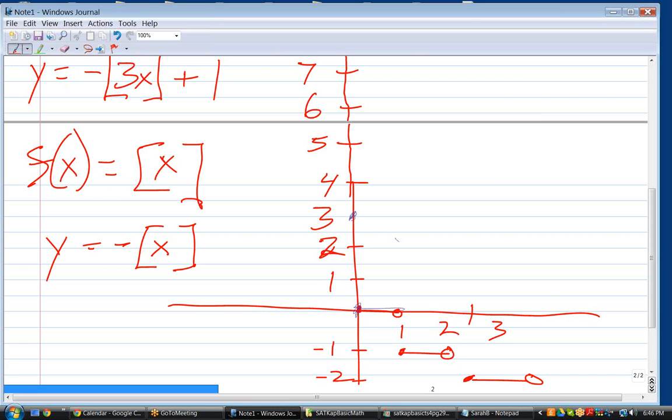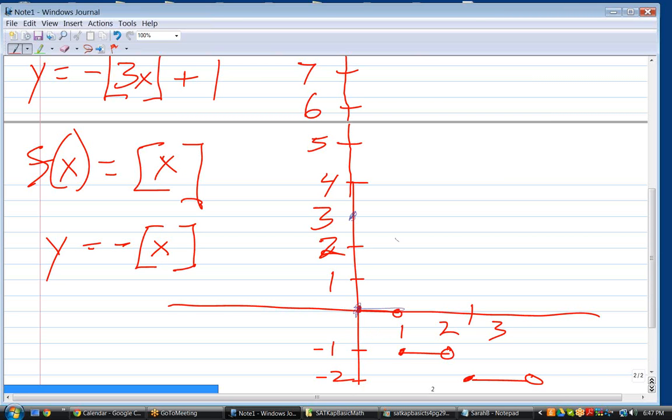Oh, okay. So, would it stretch it horizontally? It's a scrunch, actually. When you are stretching vertically, a number greater than 1 is a stretch, a number between 0 and 1 is a scrunch. When you are stretching it horizontally, a number greater than 1 is a scrunch. A number between 0 and 1 is a stretch.